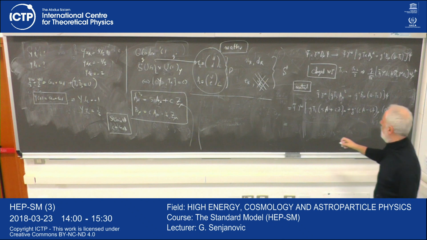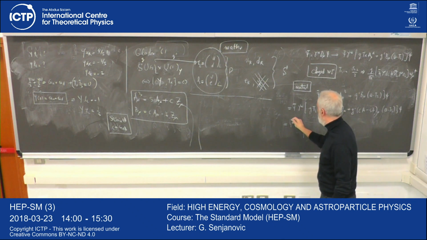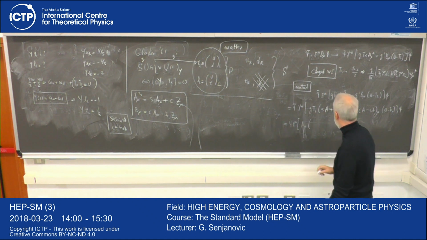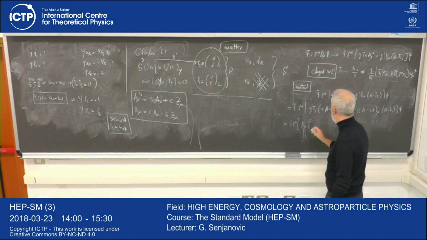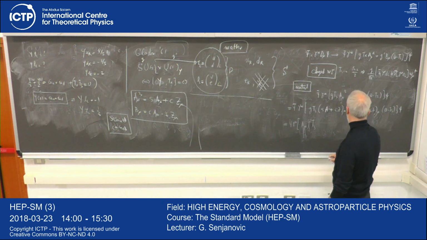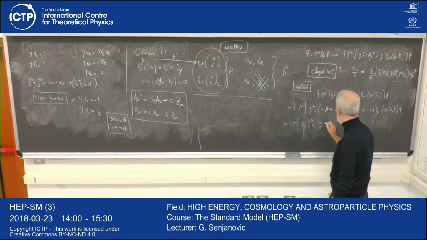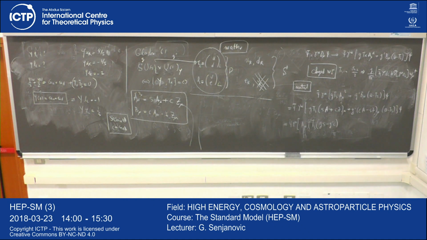So let's isolate them. What do I get? I get psi bar gamma mu. Let's take A mu out. What do I get? I have T3. T3 has G S minus G prime C. Why am I saying?